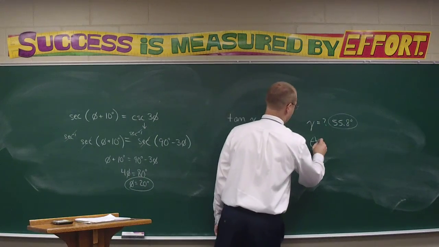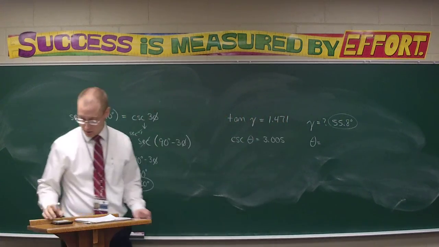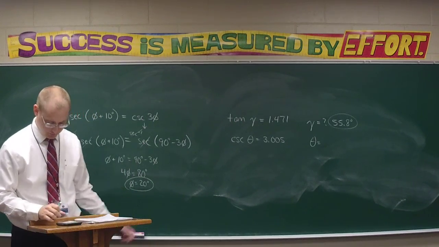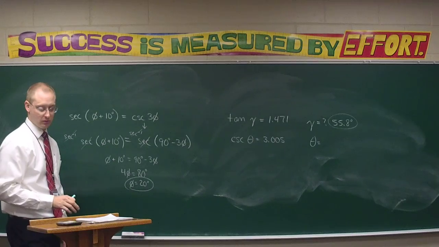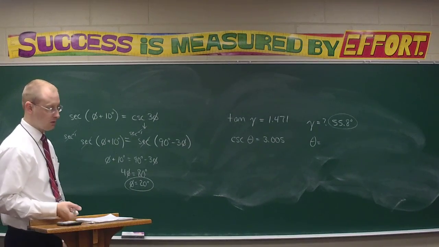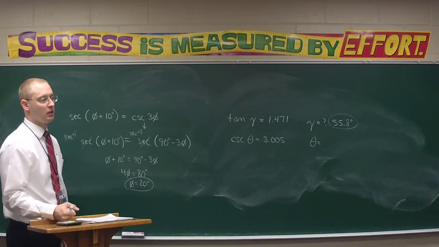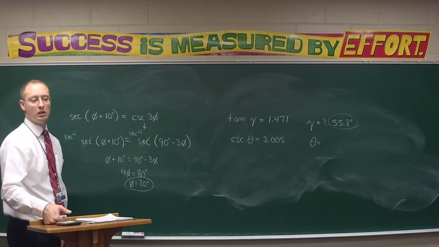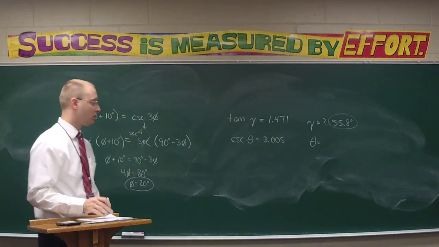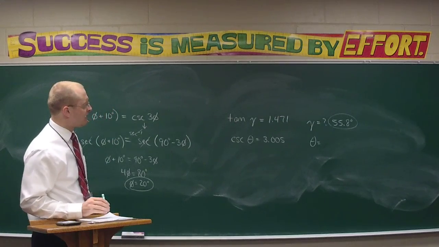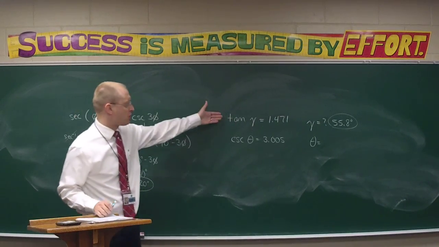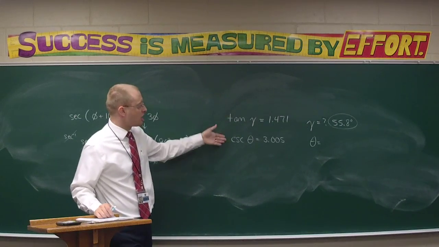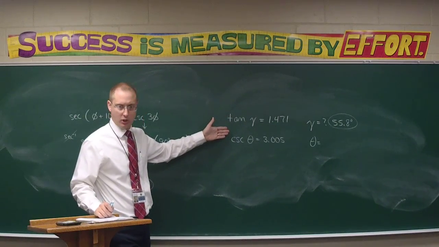What if I know that the cosecant of theta is 3.005? At your seats, find theta. What did we do to get gamma, class? Arc tangent. So here, theoretically, we ought to take the arc cosecant, right?